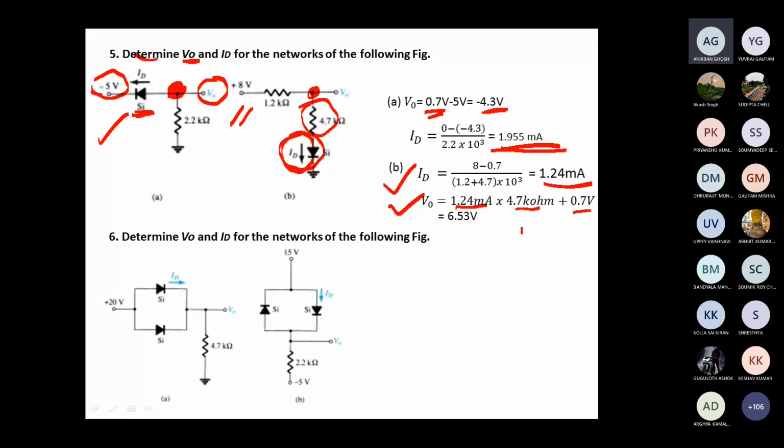So that is your 6.53 volt. Sir, can we not get VD equal to 8 minus 1.2 kilo ohm into the ID which we have calculated? So that will also give the same thing, no?